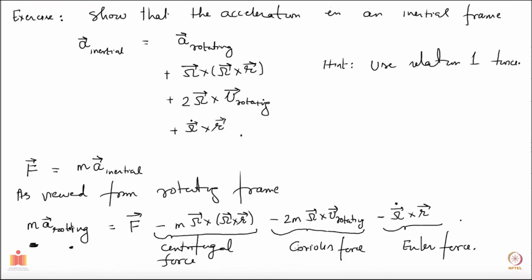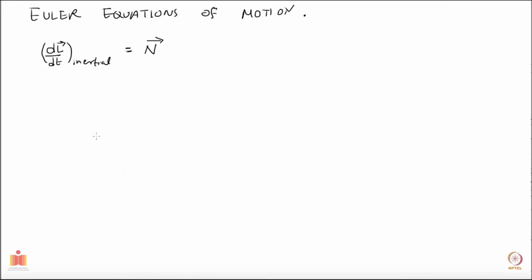So I will write it as dL over dt calculated in the body frame plus omega cross L. This will be equal to the torque.